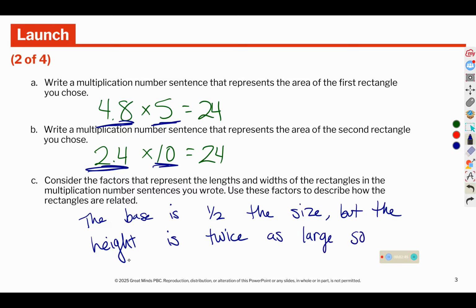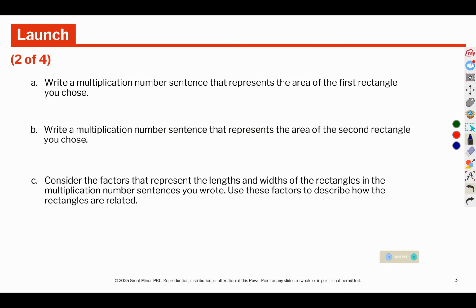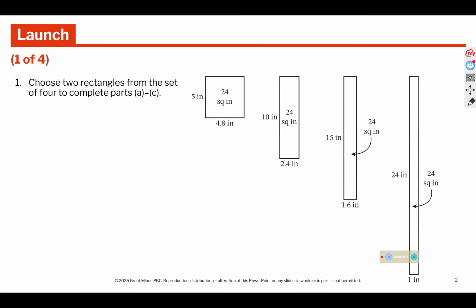So they have the same area. If you were to look at these, you can see 5 times 3 is 15. So if we split 4.8 into 3 parts, we get 1.6. So that our area remains the same.